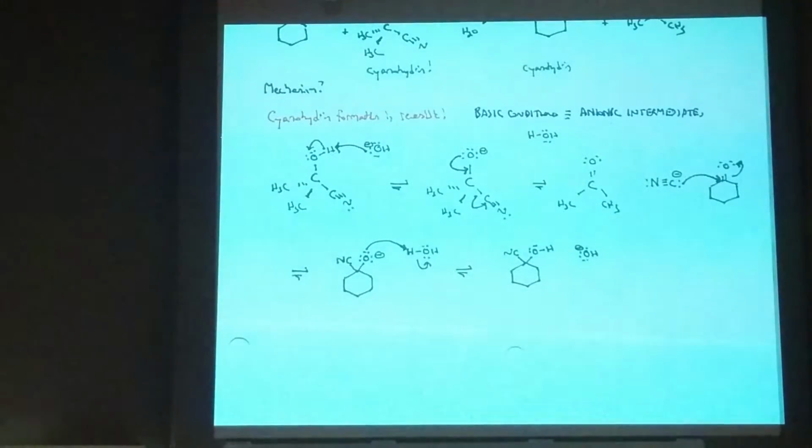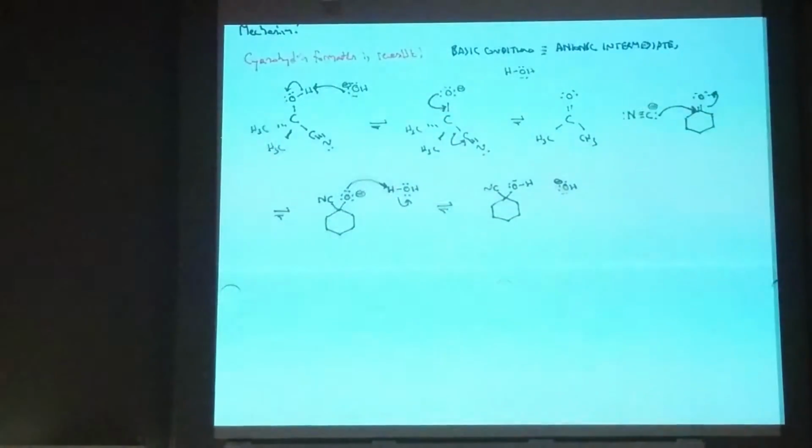Let me do another one that's going to reinforce what happens when we're in acid. Recognizing whether you're under basic conditions or acidic conditions is really important, because the pH tells us what charges are reasonable in the mechanism.